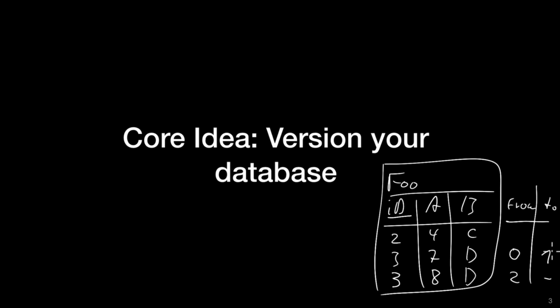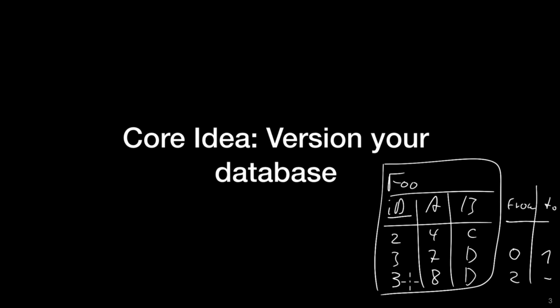This could be read as: from the start of the database up to and including version 1, this is a valid row, but starting from version 2 up to infinity, up to now, this is the current version of the row with ID 3.